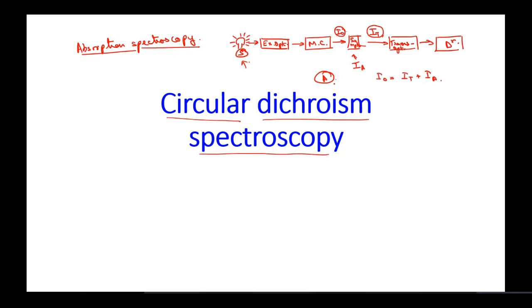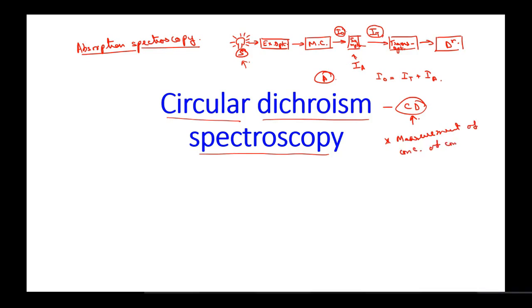Now this circular dichroism spectroscopy, in short, is also regarded as CD spectroscopy. However, in this type of spectroscopy, we do not go for the measurement of the concentration of compounds.